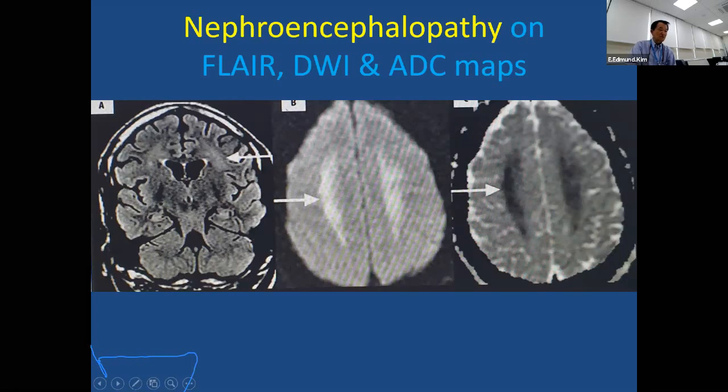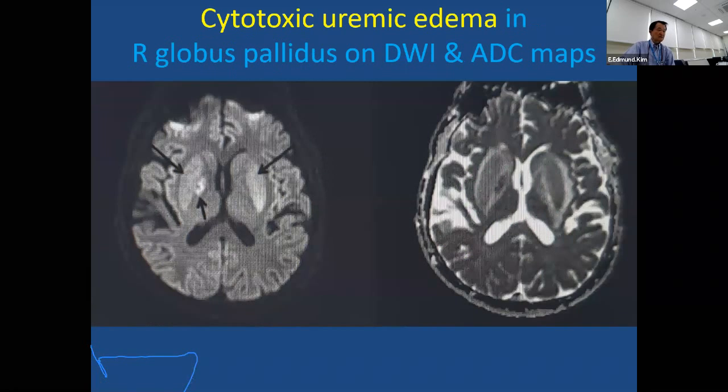This is the basal ganglia area, and maybe on the right side the globus pallidus shows uremic edema. That's a cytotoxic uremic edema, and that's well known.